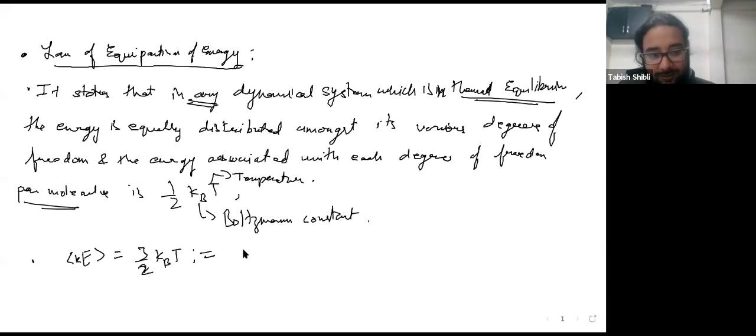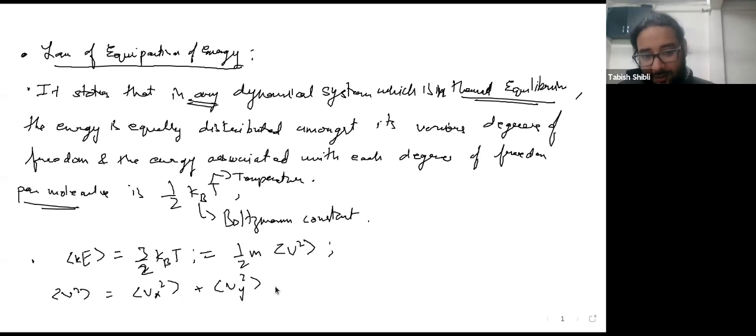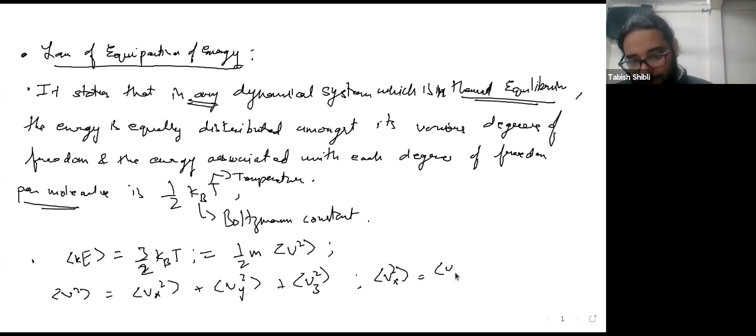Kinetic energy क्या होती है? Kinetic energy is just half m times average V squared, correct? And this average V squared is nothing but average Vx squared plus average Vy squared plus average Vz squared, right? और हमको ये भी पता है कि average Vx squared is equal to average Vy squared, which is equal to average Vz squared. So what happens?